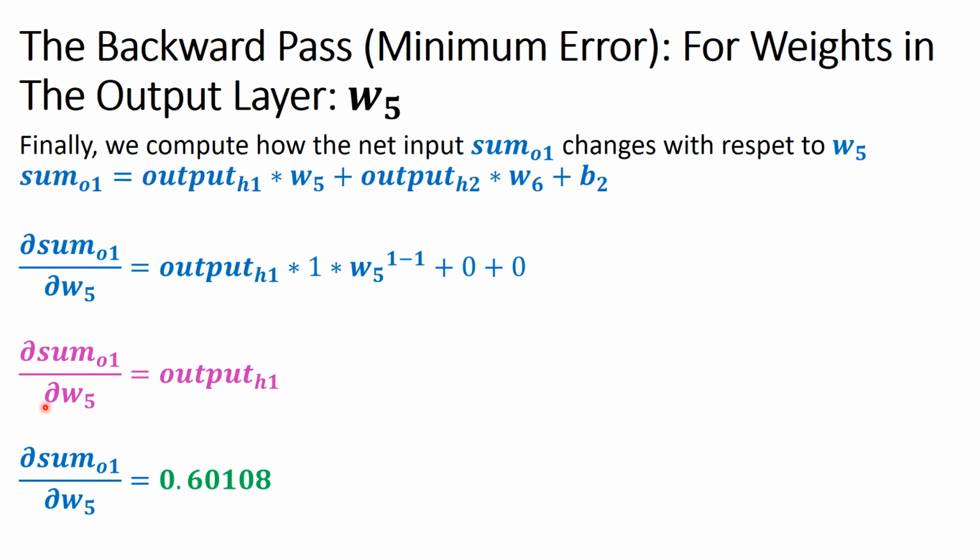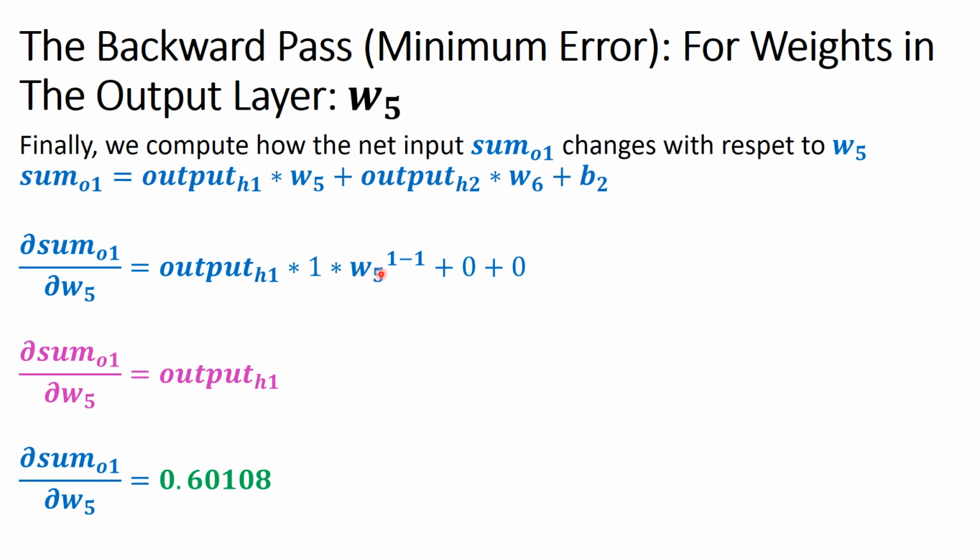Partial sum O1 with respect to W5 equals output H1 multiplied by 1 multiplied by W5 to the power 1 minus 1 plus 0 plus 0. دي لأن إحنا بنحسب معدل التغير بالنسبة لـ W5.